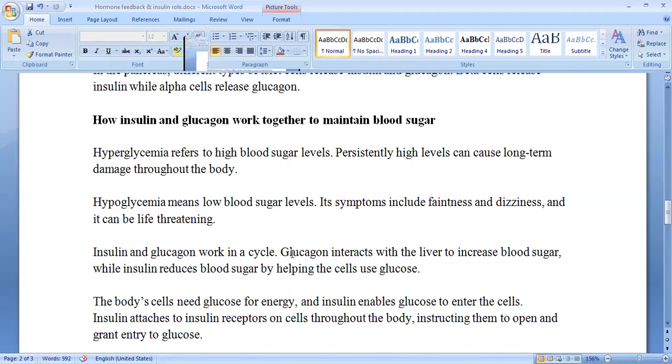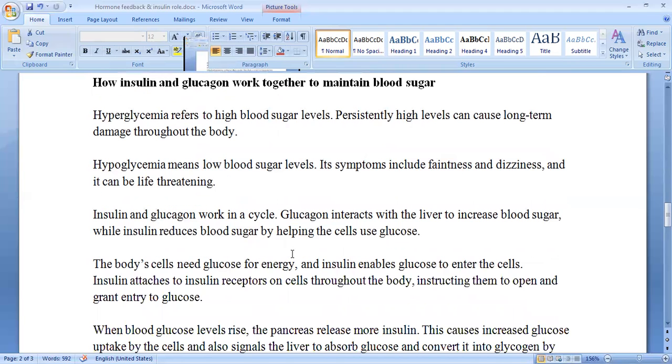Right. Now let us assume that somebody has eaten a carbohydrate rich diet and a lot of glucose is produced in the body. Now that glucose has to enter into the cells. For the glucose to enter into the cells, it is the hormone insulin which is going to act. You remember we said insulin is the water soluble type of hormone, so it will not go through the cells, but it will attach to the receptors on the cell surface.